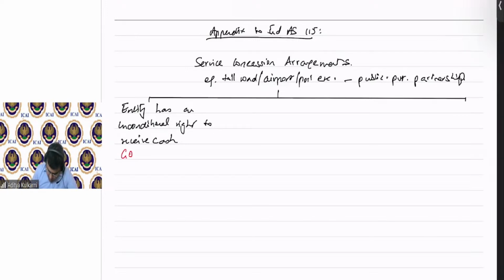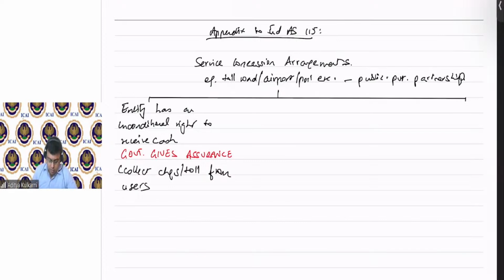Now, unconditional right means what? Government gives assurance. Acha, assurance matlab kya? Assurance means you start collecting the toll, collect charges or toll from users and from government or both.